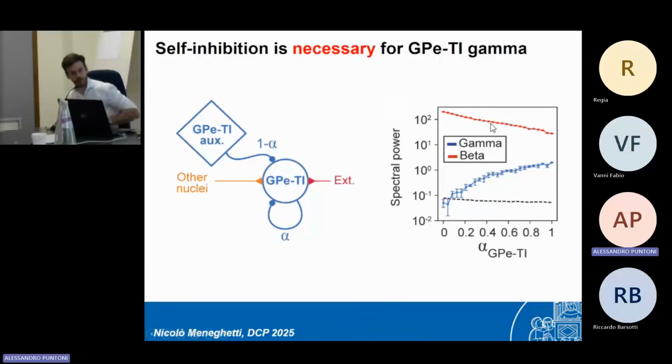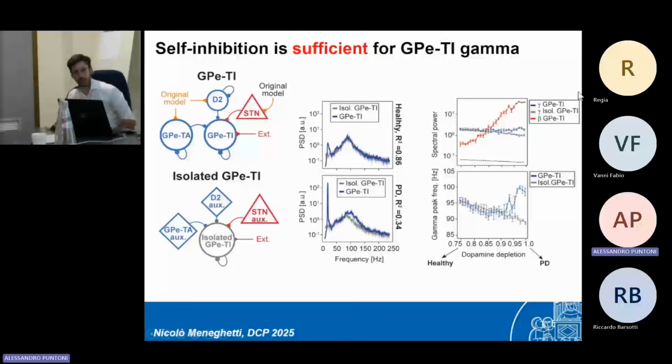So we have seen that the self-inhibitory loop is necessary for gamma oscillation, and then we wondered whether it is sufficient. By sufficient, we were interested in addressing whether these gamma oscillations come from some properties of the inputs of this nucleus, or whether this nucleus alone was sufficient on its own, due to resonant properties of the self-inhibitory loops, to display gamma oscillations.